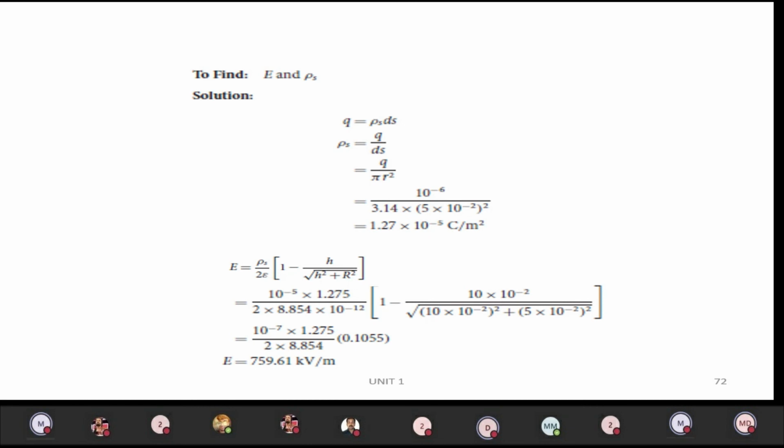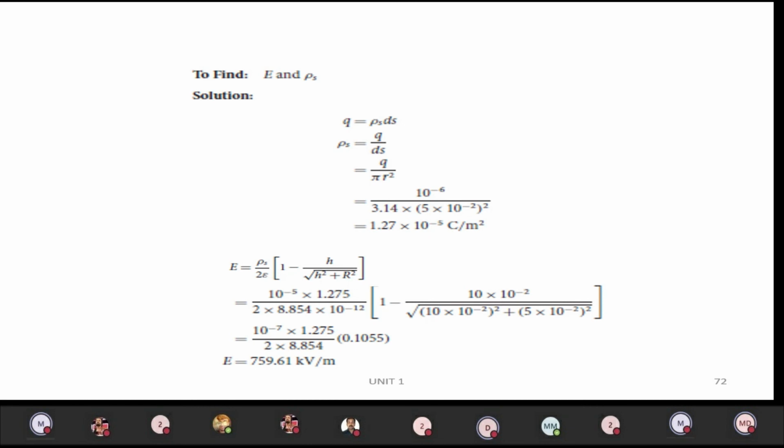So from the Q value, how can you find rho s? Rho s equals Q by area, charge per area. The charge density equals charge per area. The area of the circle is pi R square. The R value is given and the charge is also given, so we can find rho s.